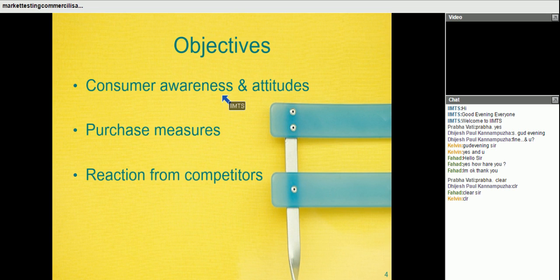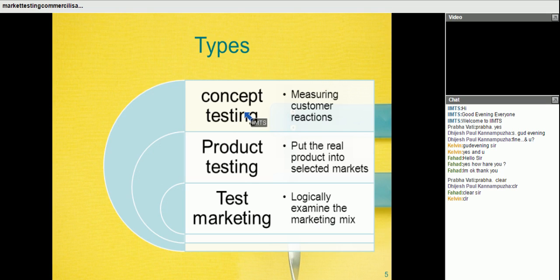Objectives. What are the objectives of market testing? Consumer awareness and attitudes, right? So that the consumer is more aware about their products, right? Purchase measures, reaction from competitors. These are the three objectives. Let's see the types of testing. So one is concept testing.